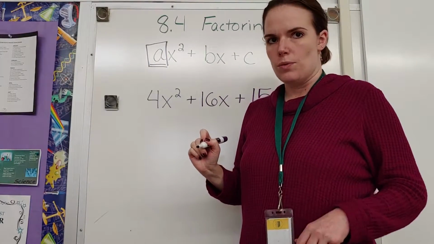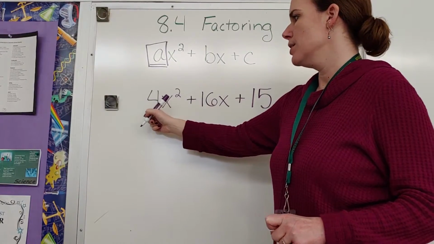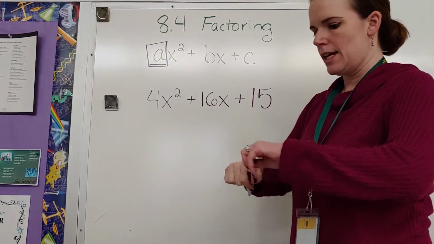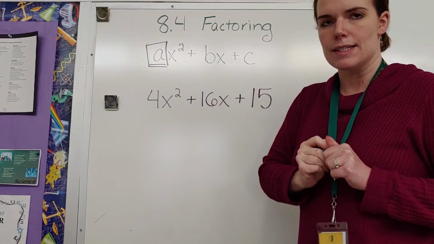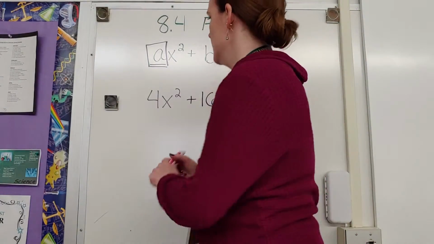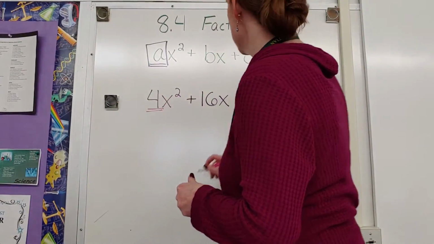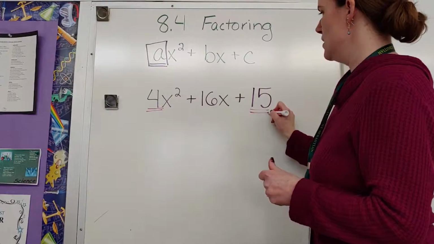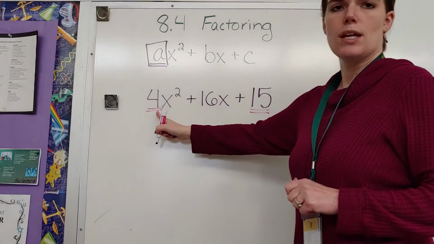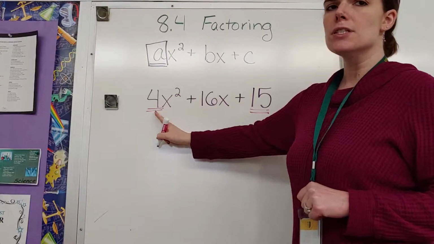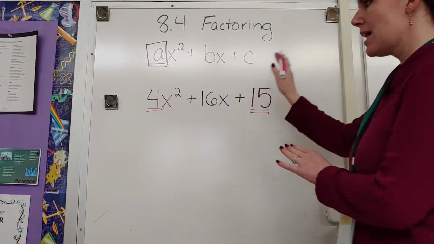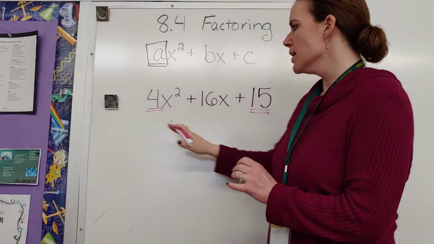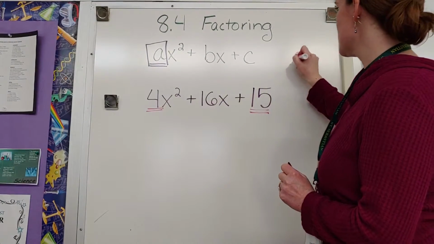What you want to do, since there is a number here, you are going to take the number that is in front, and you're going to take the number at the end, and you're going to multiply those numbers together. And you're just going to put that number off to the side somewhere. So 4 times 15 is 60.